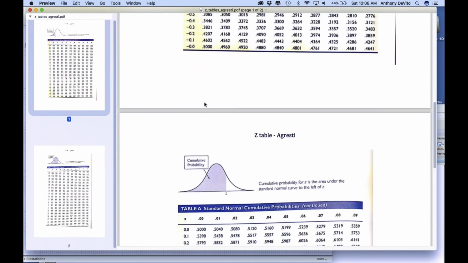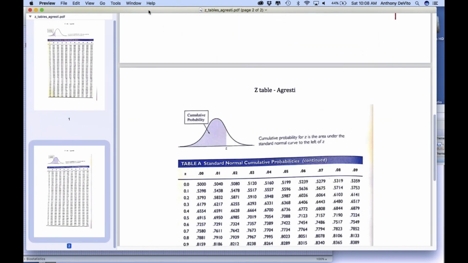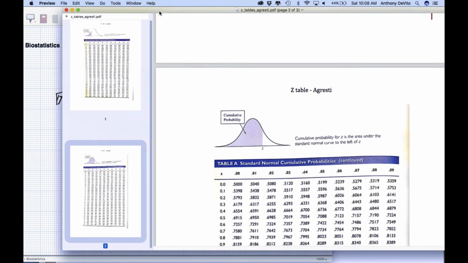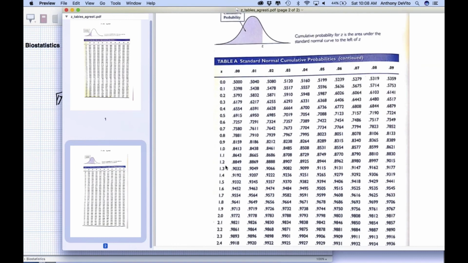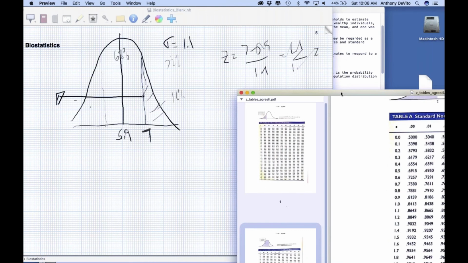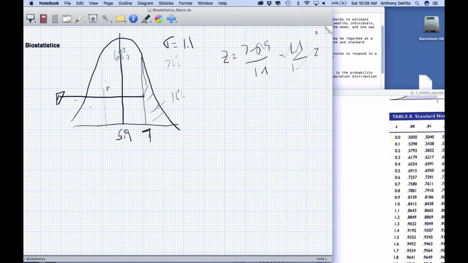Okay, what area did I say it was? I forget now. 1.0 has an area of 0.8413, or about 84.13%.